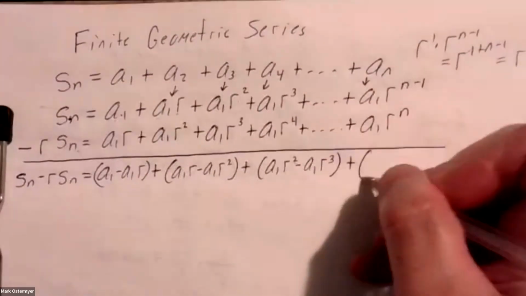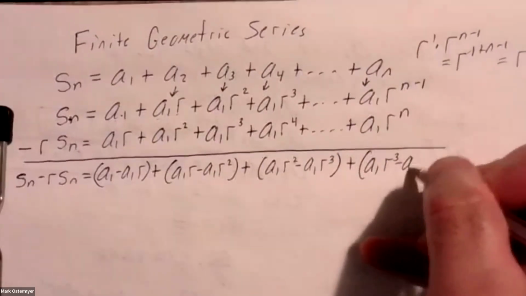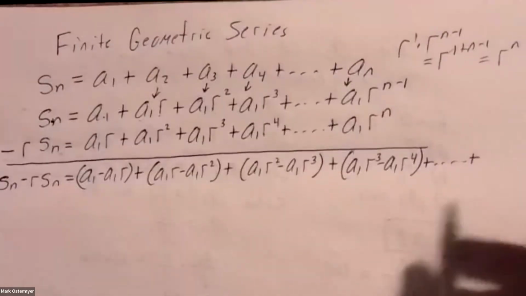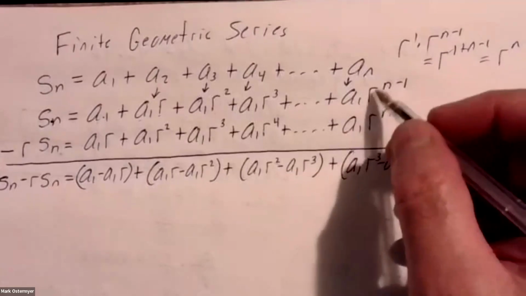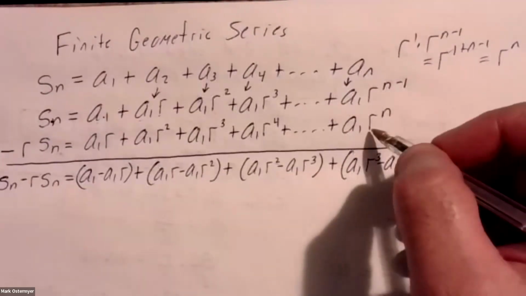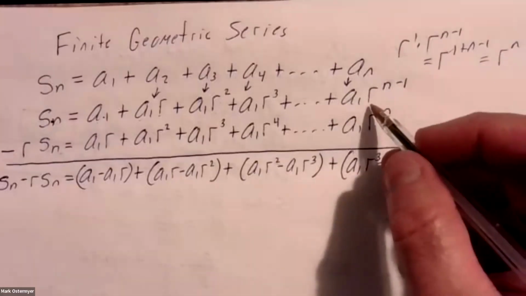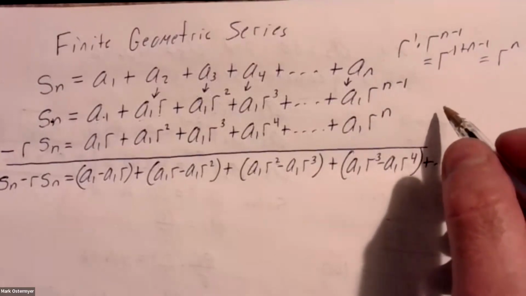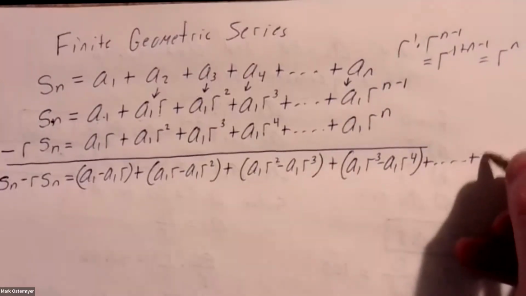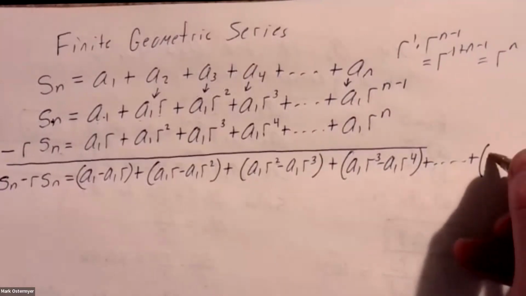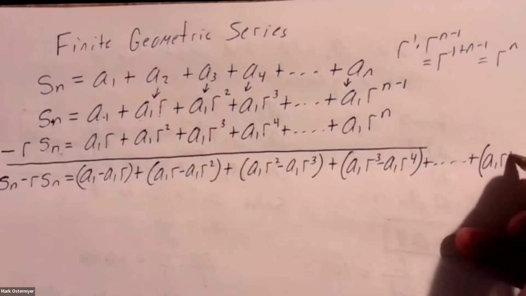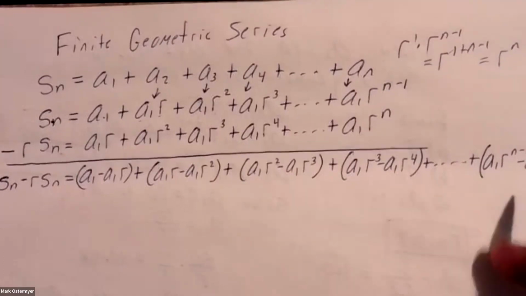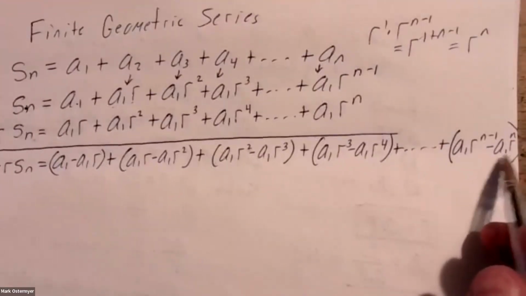And I'll have this minus this. Plus dot, dot, dot, all the way on down the line. We continue to do this until we get to the end here, in which case my last term here is going to be a sub 1 r to the n minus 1 power minus a sub 1 r to the nth power. This is a sub 1 times r to the nth power at the very end here.